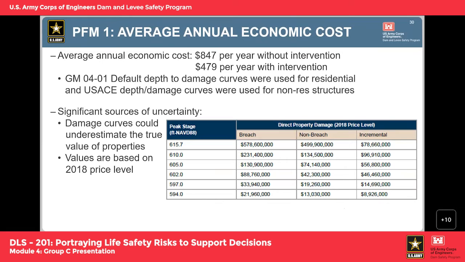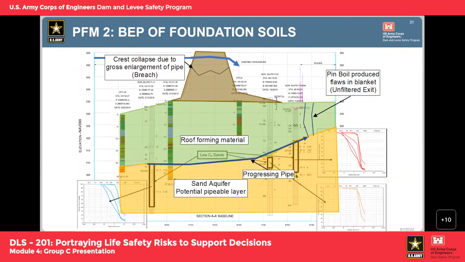Any questions on failure mode PFM1? Okay, so potential failure mode 2 is backward erosion piping of foundation soils. There's available boring data and gradation data that indicate there is a cohesive blanket layer approximately 15 to 20 feet thick, underlain by a granular zone upstream to downstream across the dam footprint, as shown.